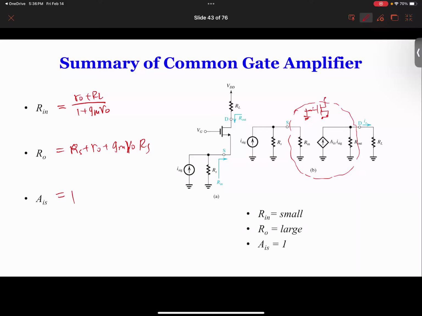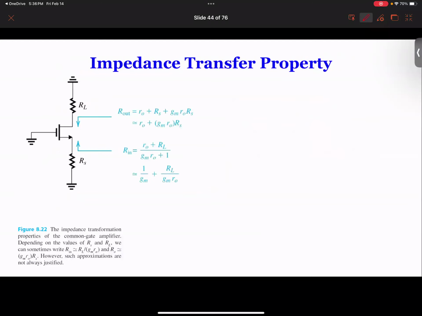So we can basically say that it's 1. So if we now plug these numbers into this circuit, we can get the actual gain. Like if you add a resistance here, you get it over here. Now you can find the gain, everything. So it's fairly simple now by having the equivalent circuit.